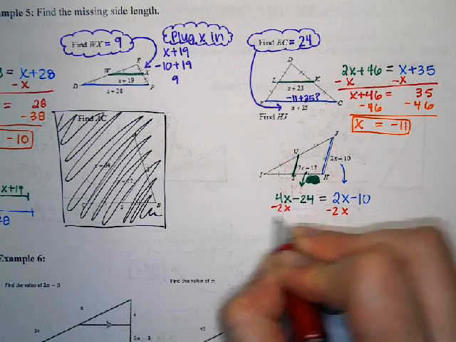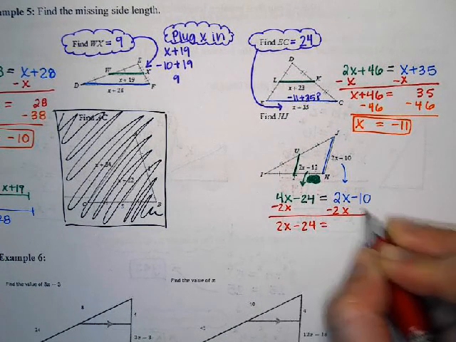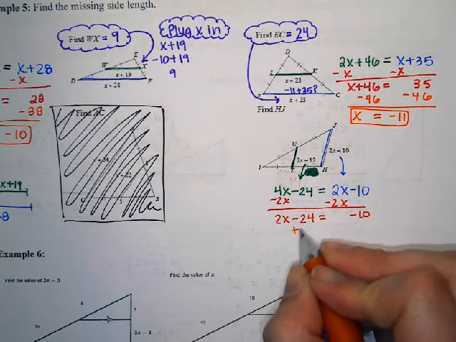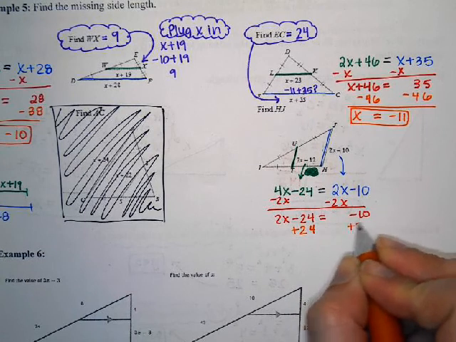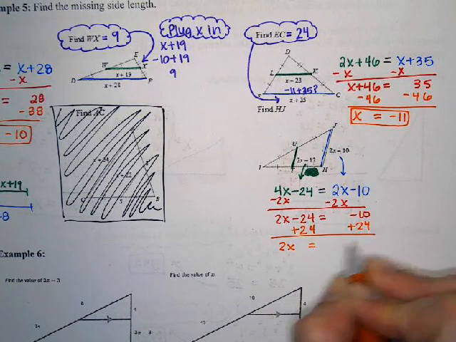Alright, so let's minus that 2x. Add the 24.